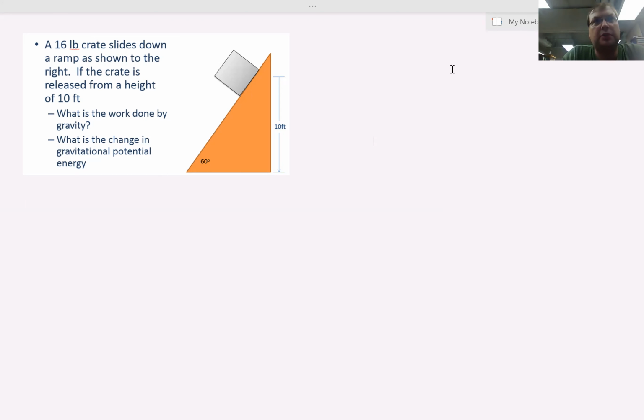So first things first, the definition of work. We know that work is equal to a force multiplied by a distance. Now in this case, what we have to remember is that the force and distance must be parallel to one another. They must be moving in the same path.